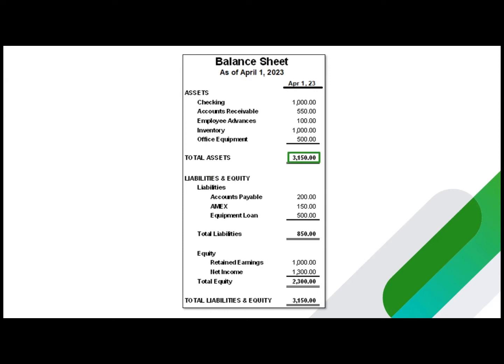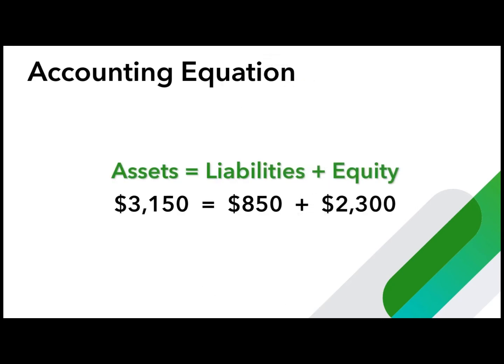What you own, total assets of $3,150, equals what you owe, liabilities of $850, plus what's left for the owners, equity of $2,300. Look at your company's balance sheet, and you'll find the exact same equation, with different numbers.